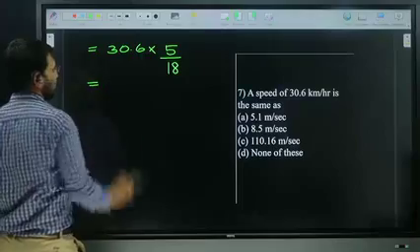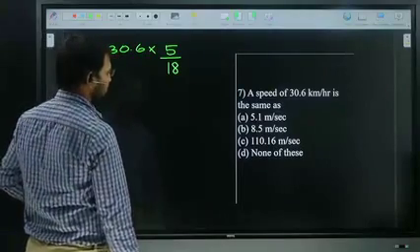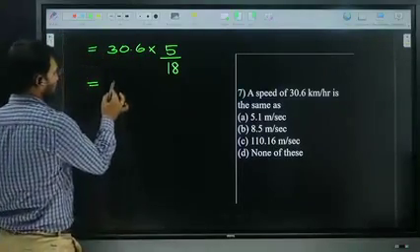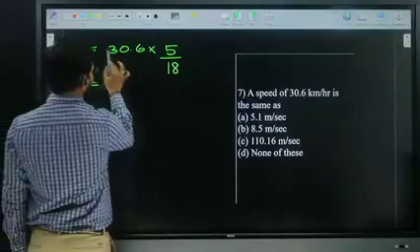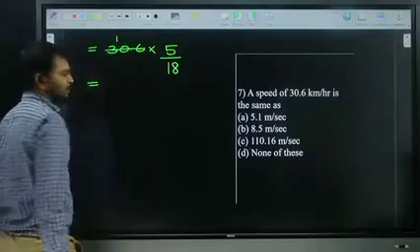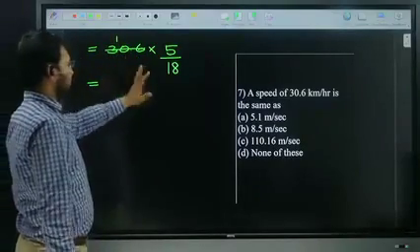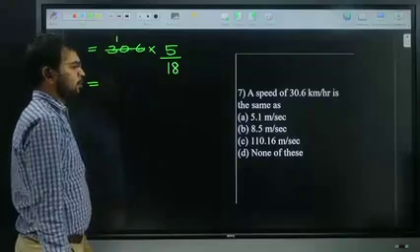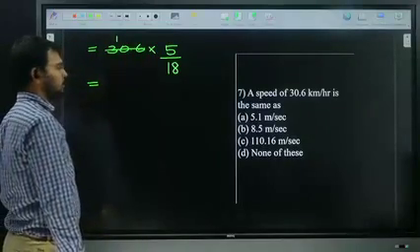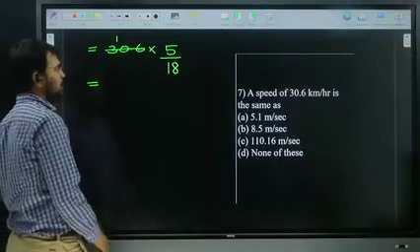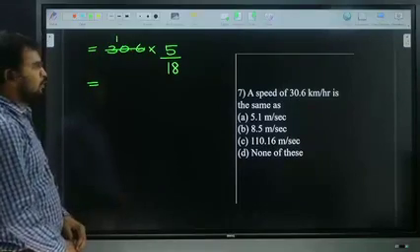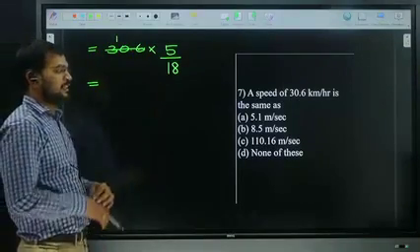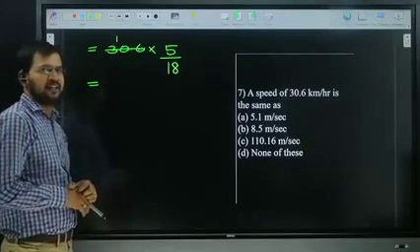So 18, how many times? 18 ones are 18. Remainder is 12. Just forget that point. 6 is there, 126. In the 18 table, 18 sevens are 126, and 18 eights are 144.